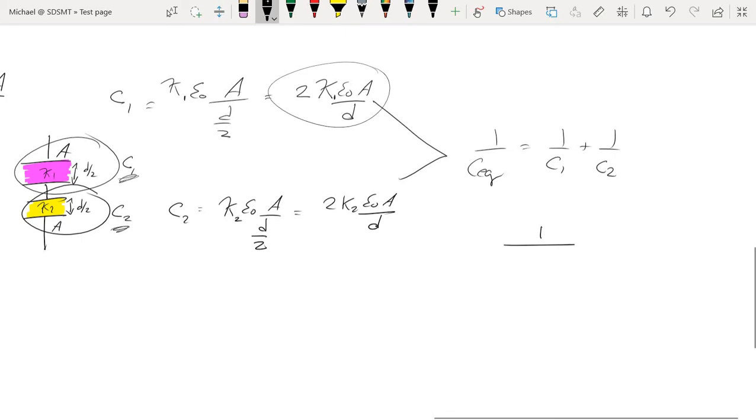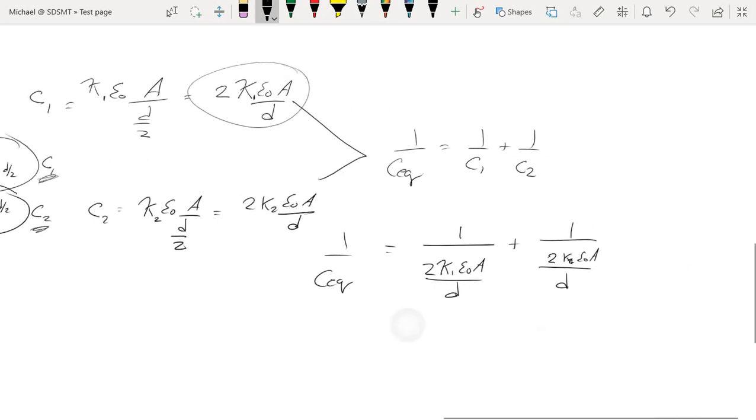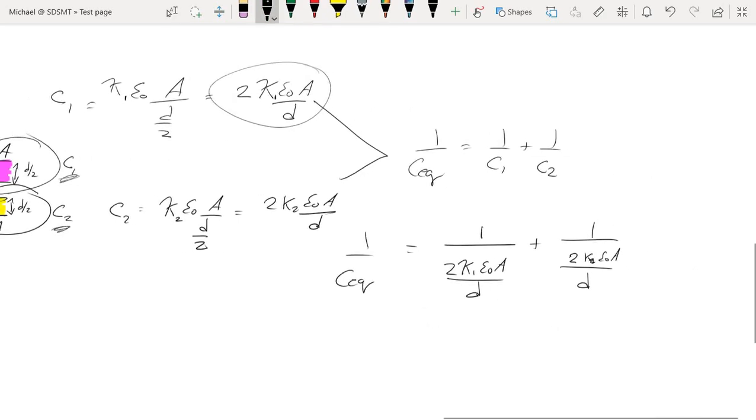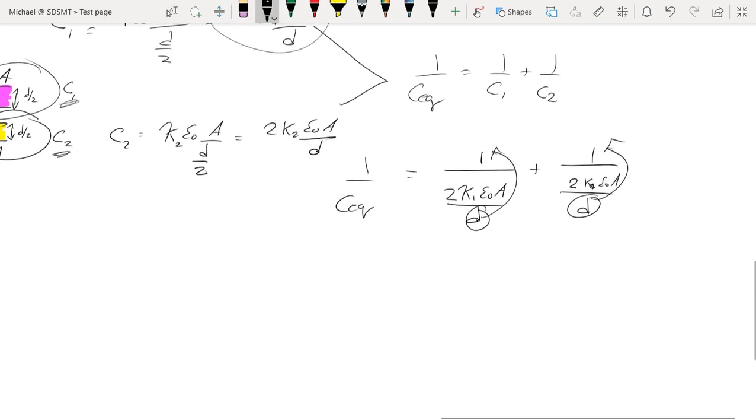Capacitor 1 has this for its capacitance value, 2 kappa 1 epsilon naught A over d, plus 2 kappa 2 epsilon naught A over d. I'm going to go ahead and bring the displacement values up to the top.